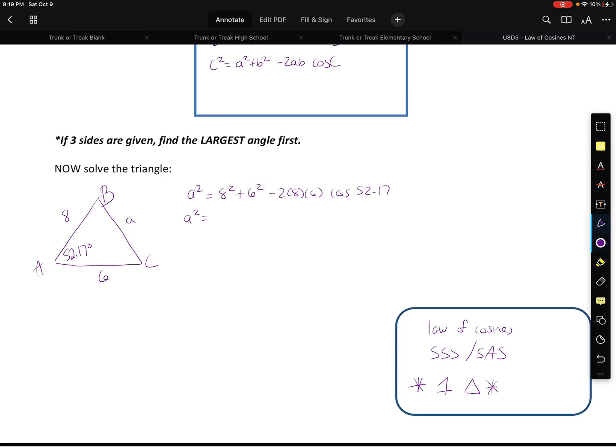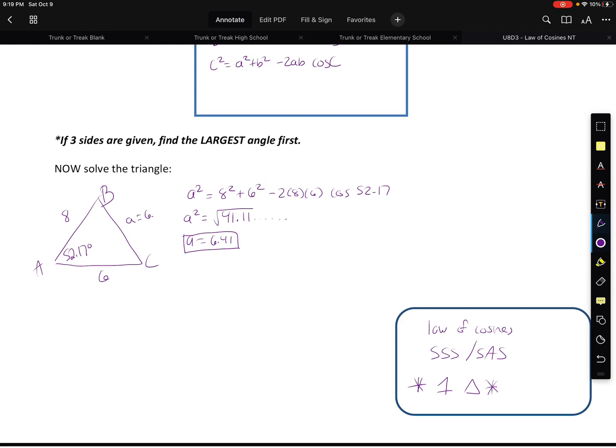There's a lot going on there, but what we really have is we're just typing that into our calculator. 8 squared plus 6 squared minus 2 times 8 times 6 times cos of 52.17 is 41.11 and so on. And we take the square root. A is 6.41. Done. Honestly, I think that's easier than law of sines, but both have their pros and cons.